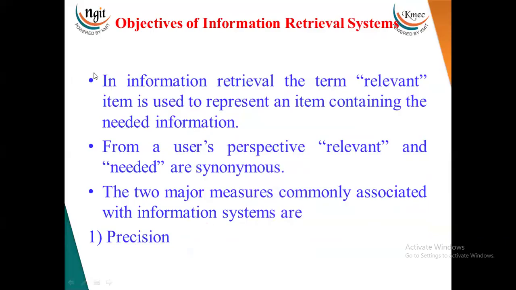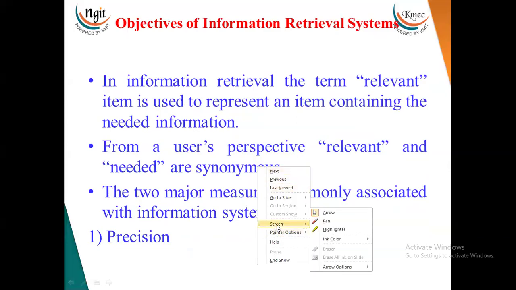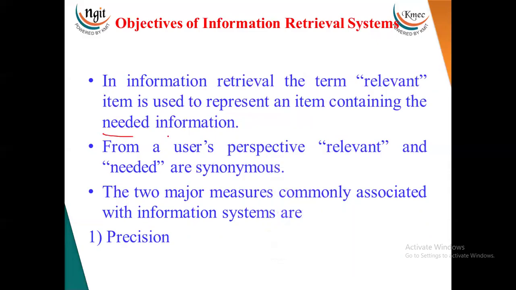So in information retrieval, the term relevant item is used to represent an item containing the needed information. This is very important here. Please try to understand: what is relevancy? Suppose I'm searching for information about dogs, and I'm getting cats.